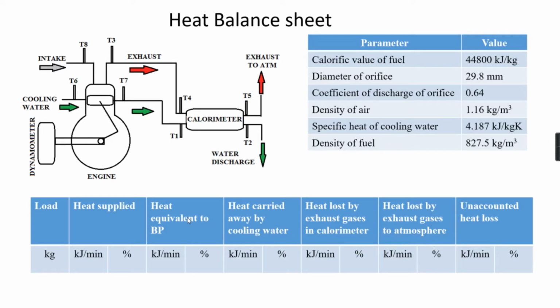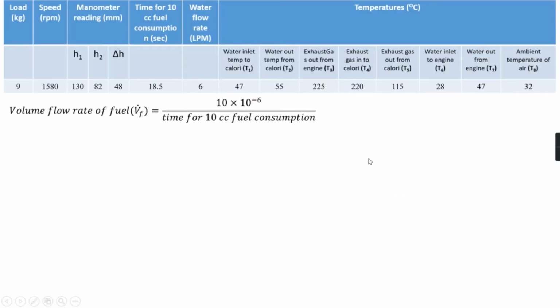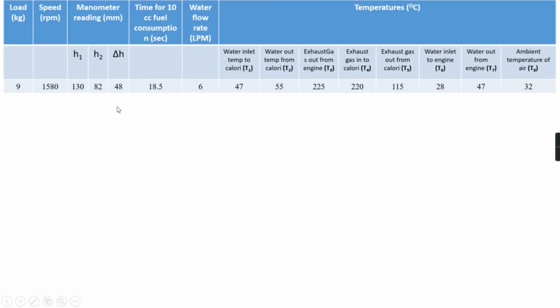Obviously, though we are calculating the heat carried or heat lost at all the points, there will be some unaccounted loss that will be considered at the end. So let us take example of first one reading. Here you can see the load 9 kg, speed 1580 rpm.